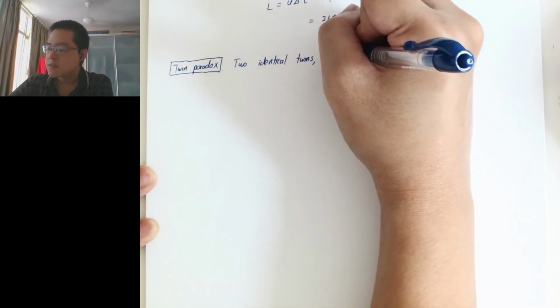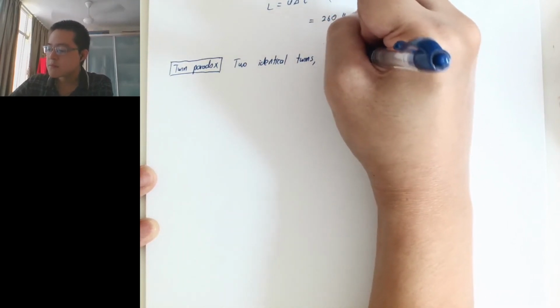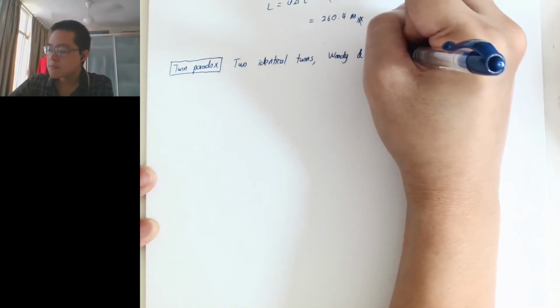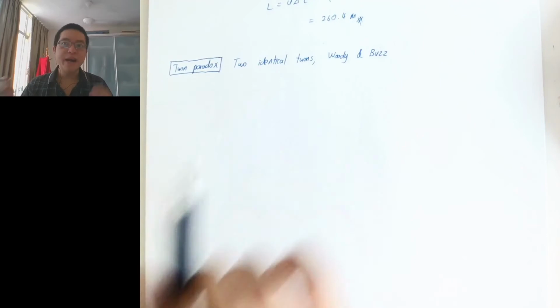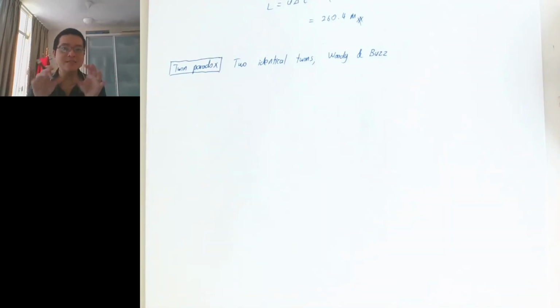I'm going to call them Woody and Buzz. The idea of using identical twins is that normally identical twins are the same age all the time, since they are born together.